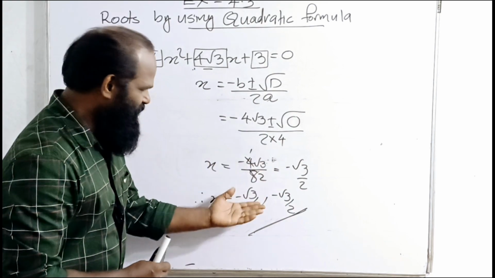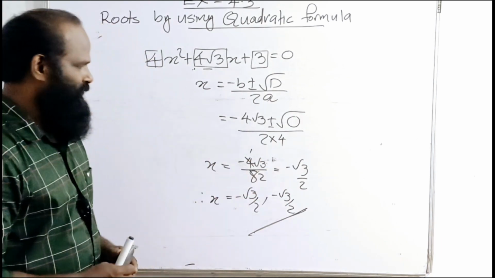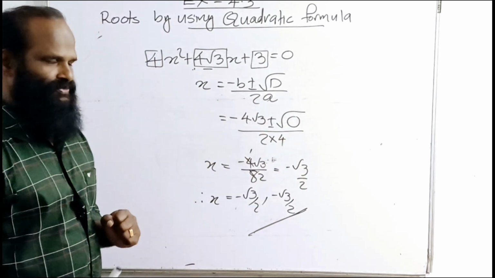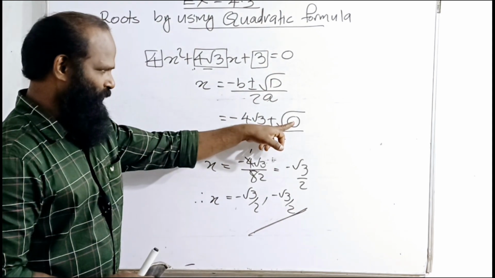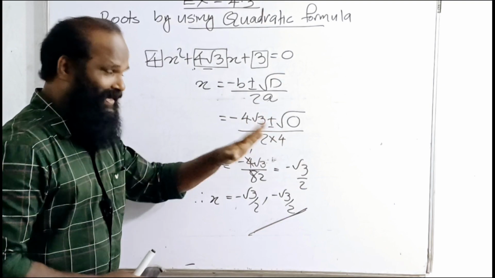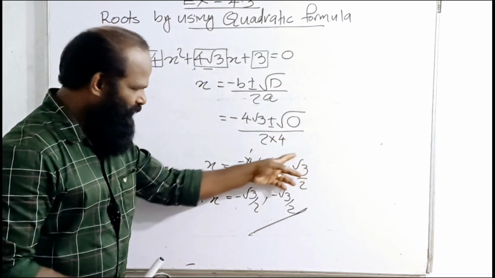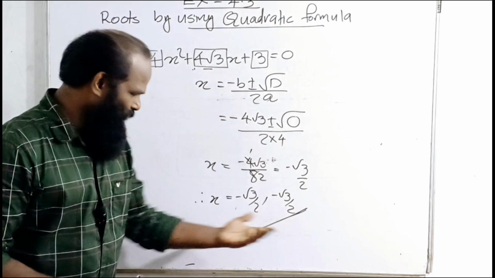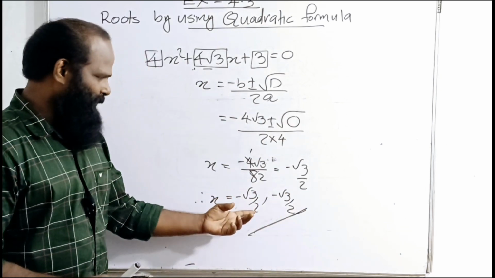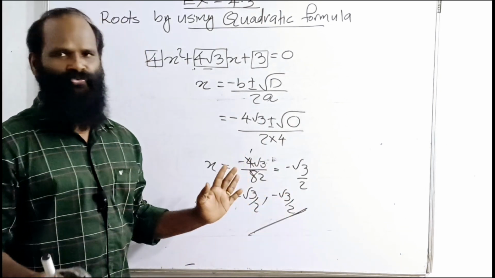Since b square minus 4ac is 0, its two answers will be the same. We just need to know only one value. So x is equal to minus root 3 by 2, again minus root 3 by 2. Finished.